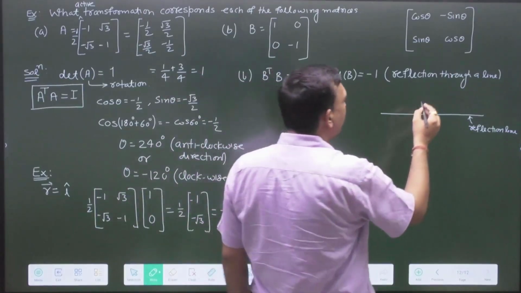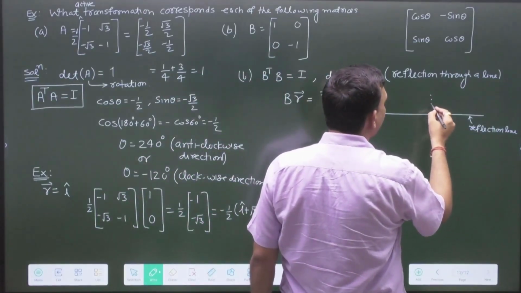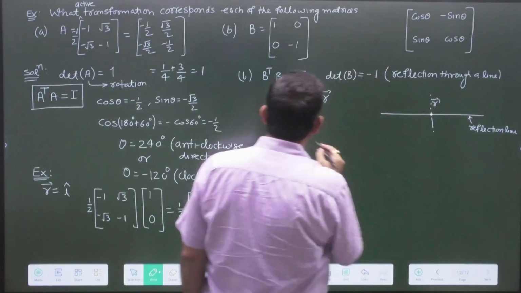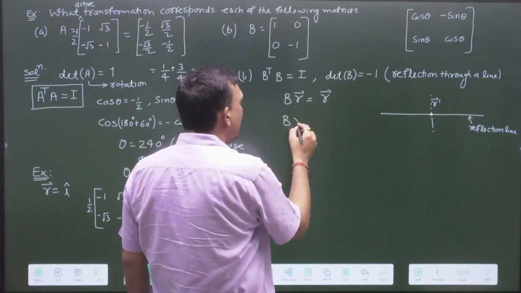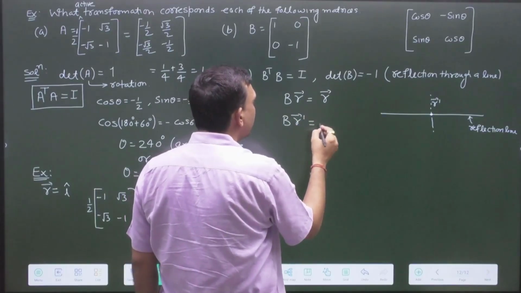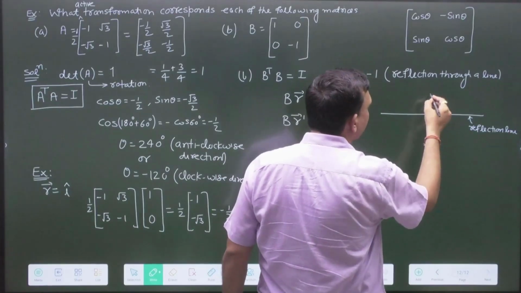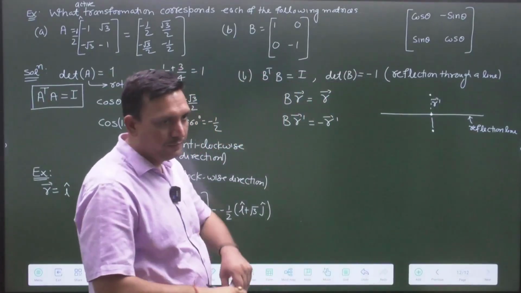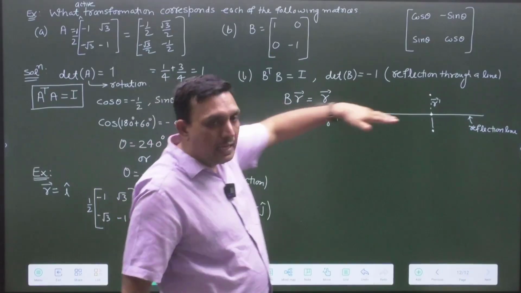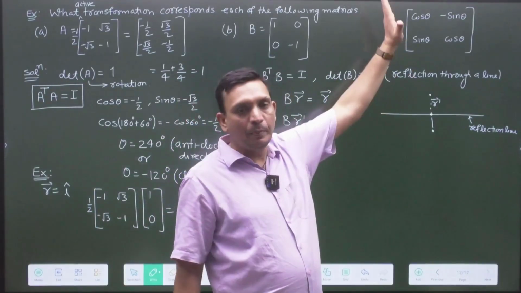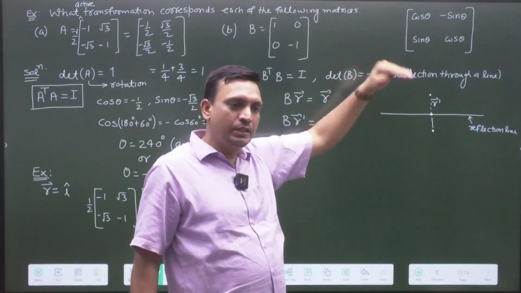But if you have any vector that is perpendicular to the reflection line, let's say this vector is R dash, and you operate the same matrix on R dash, what will you get? Minus R dash, because it will change its sign. That is the meaning of reflection through a line. If you are operating along the line of reflection, there will be no change in sign. But if you have some vector perpendicular to the reflection line, it will change sign.